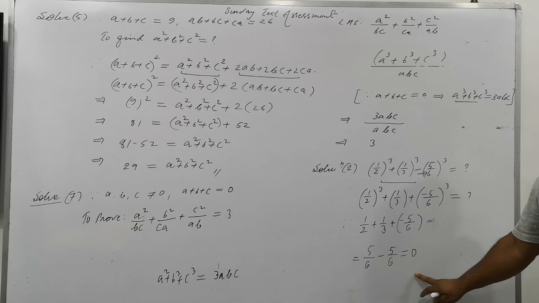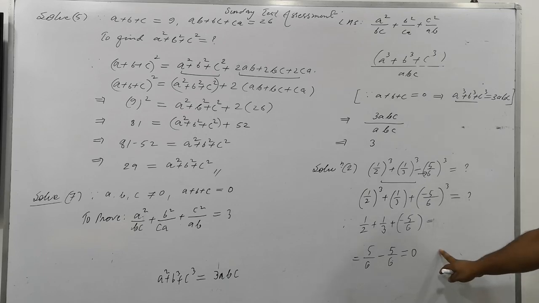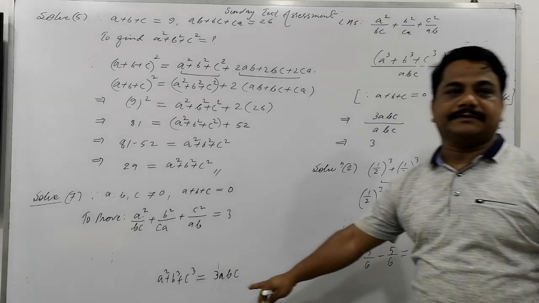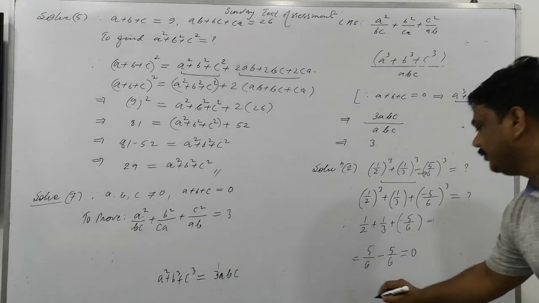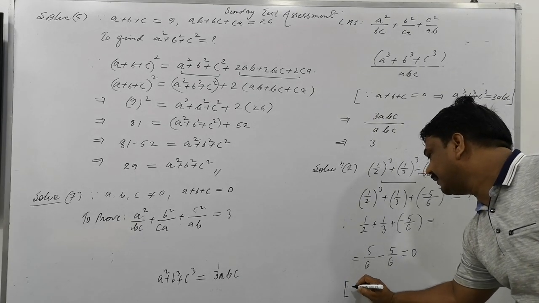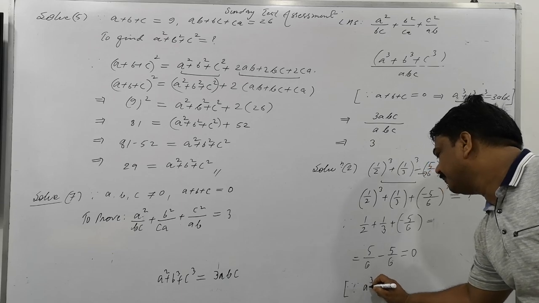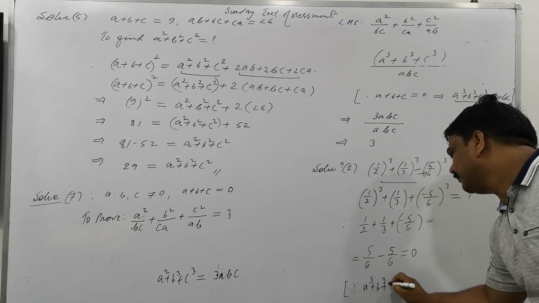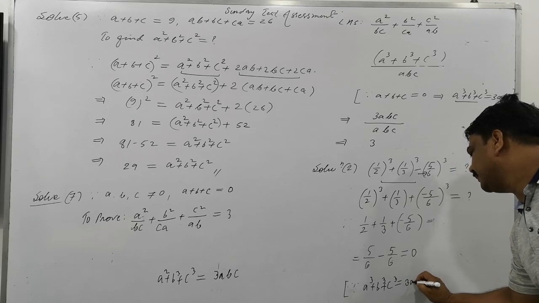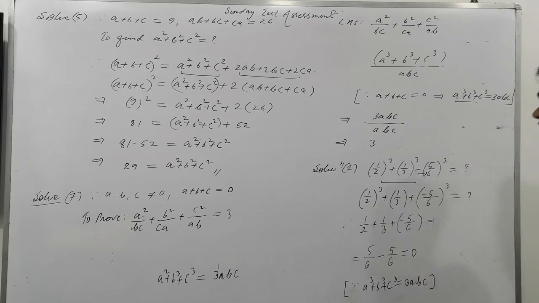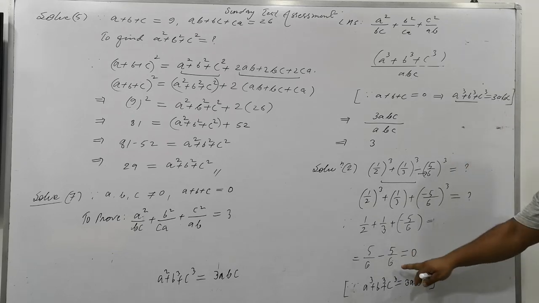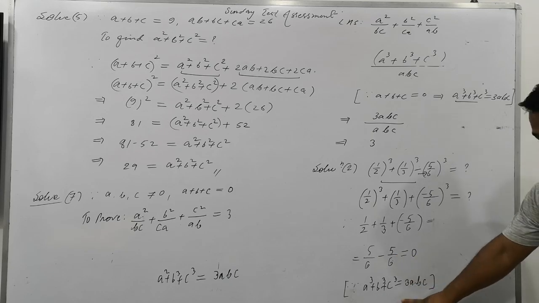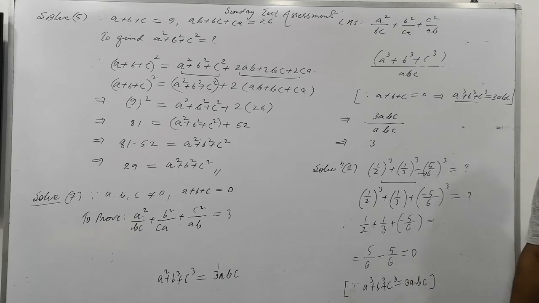What does this mean? If the sum of three quantities taken together is 0, then this identity starts working. Therefore, since the identity is to be used here, a cube plus b cube plus c cube is equal to 3abc. If the quantities together give a sum of 0, then their cube sum is equal to 3 times their product. This is the identity of the chapter.